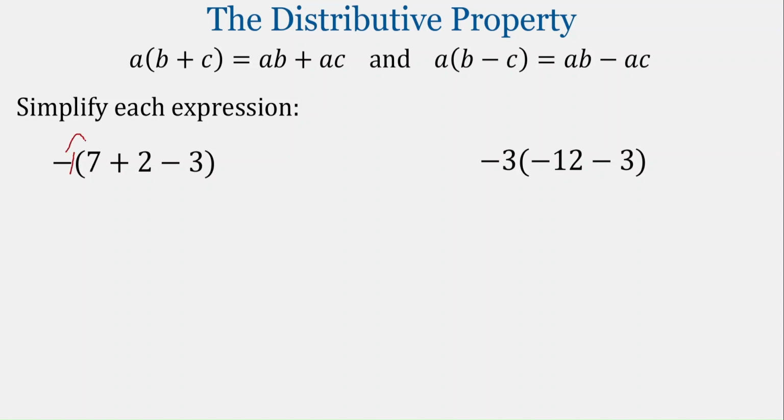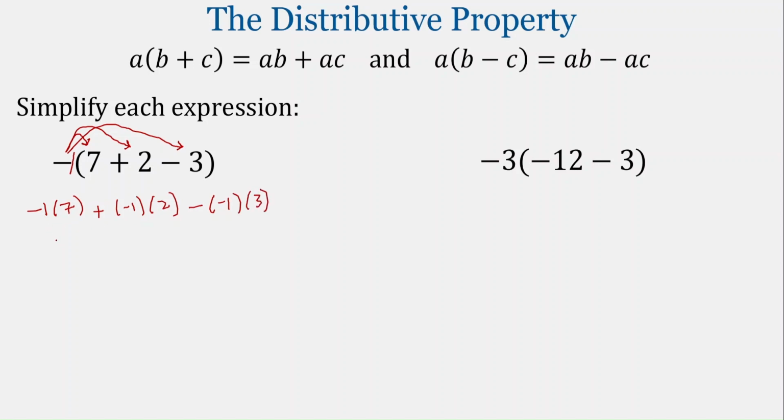So now we have negative 1 times 7, then negative 1 times 2, and then negative 1 times negative 3, or minus 3. So we'll have negative 1 times 7 plus negative 1 times 2 minus negative 1 times 3.